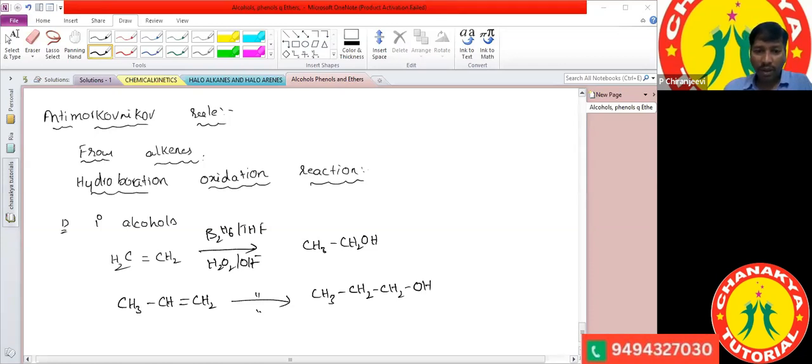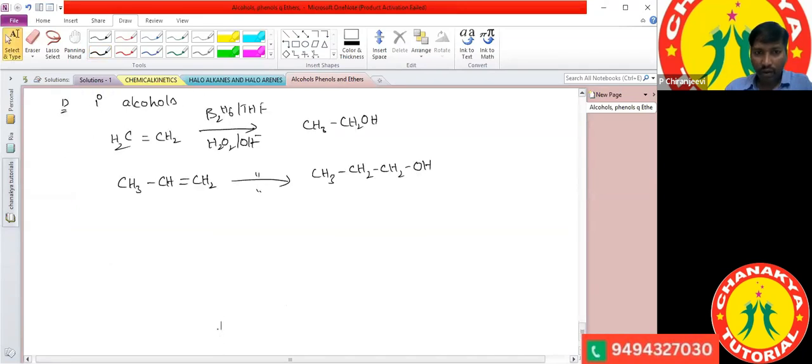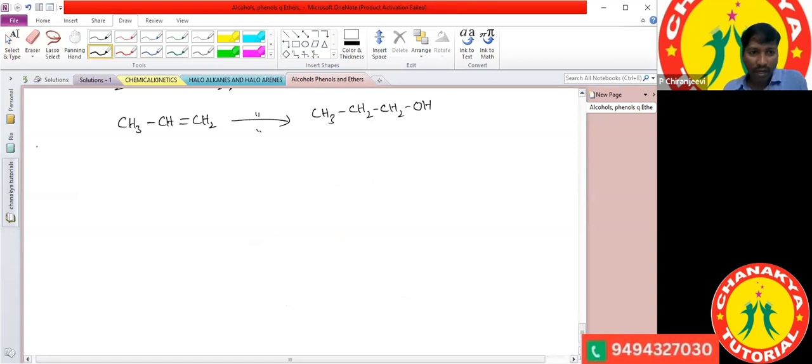How will we get the primary alcohol? Let us see the mechanism. First of all, we take CH3-CH=CH2. First, the unsymmetrical alkene is treated with diborane.